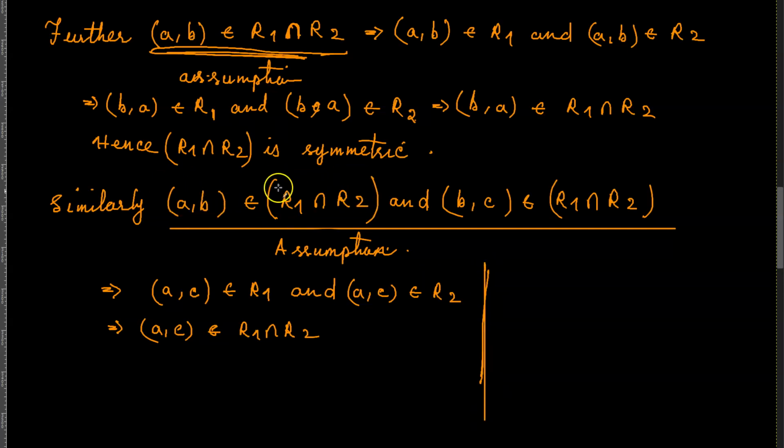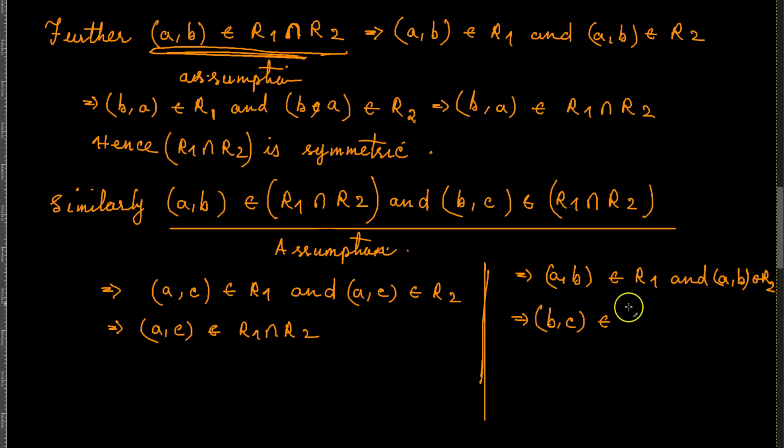Since (a, b) belongs to the intersection of R1 and R2, that implies that (a, b) belongs to R1 and also (a, b) belongs to R2. And since I'm assuming that (b, c) belongs to the intersection of R1 and R2, that implies that (b, c) belongs to R1 and also (b, c) belongs to R2, right?